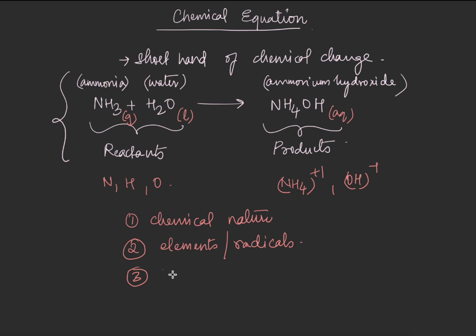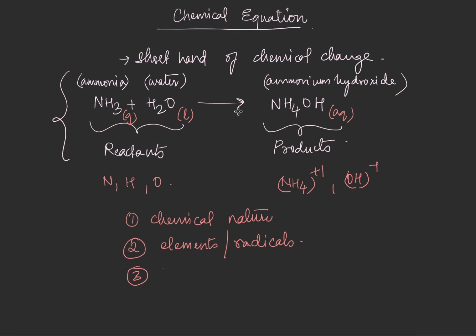I told you a little while ago that ammonium hydroxide remains dissolved in water in the form of ammonium ion and hydroxide ion. So by looking at a chemical equation, you can find out what are the elements present or what are the radicals present. The direction of a chemical reaction is represented in an equation with the help of an arrow.